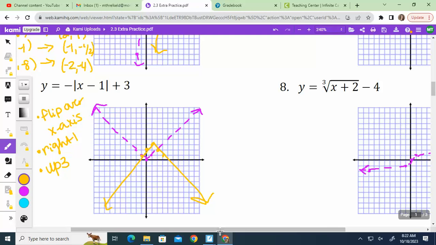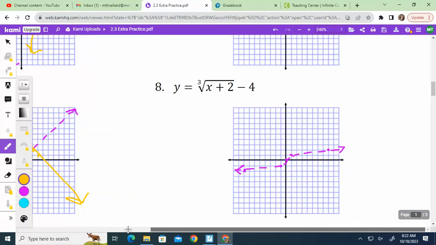Last one. So the cube root. What's the transformation on this one? Left 2, down 4.